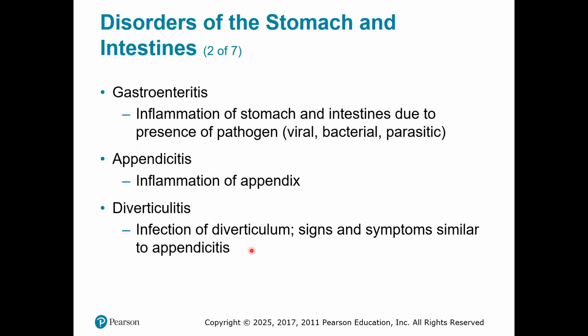So when that happens, we call it diverticulitis. And so infection of the diverticulum. These little pockets are also known as diverticulosis, and when they become infected, they're called diverticulitis.